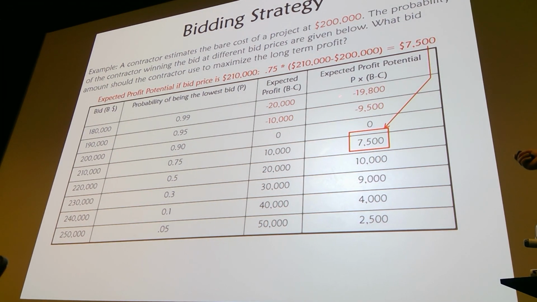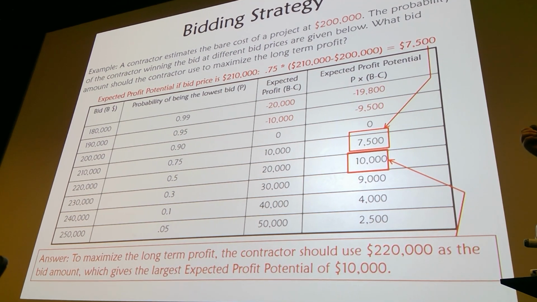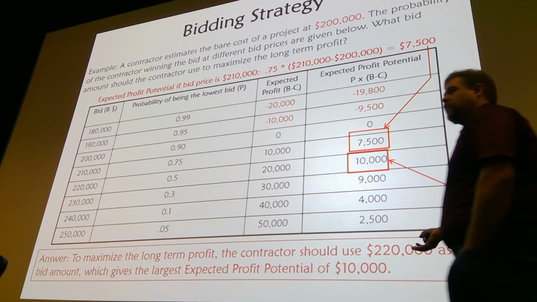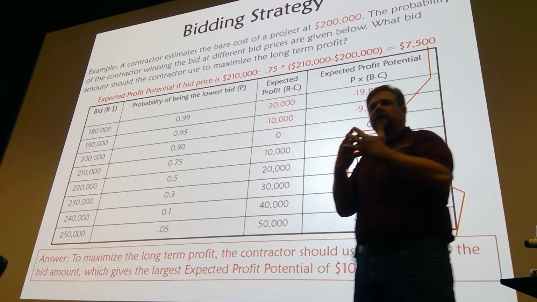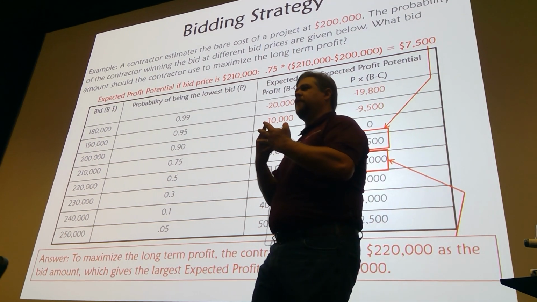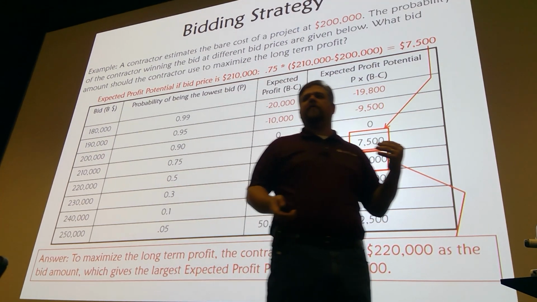And I gave you a chart here where I did that on each of these. And we said that, if you're using this methodology, then this 10,000 would be the largest expected potential profit. It's the best marriage of probability with high profit there. Well, we might not get this job if we consistently do that as part of a long-term strategy to maximize our profits.